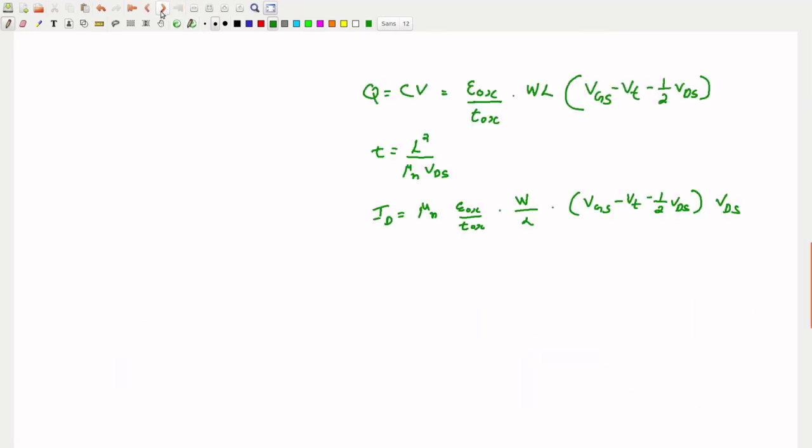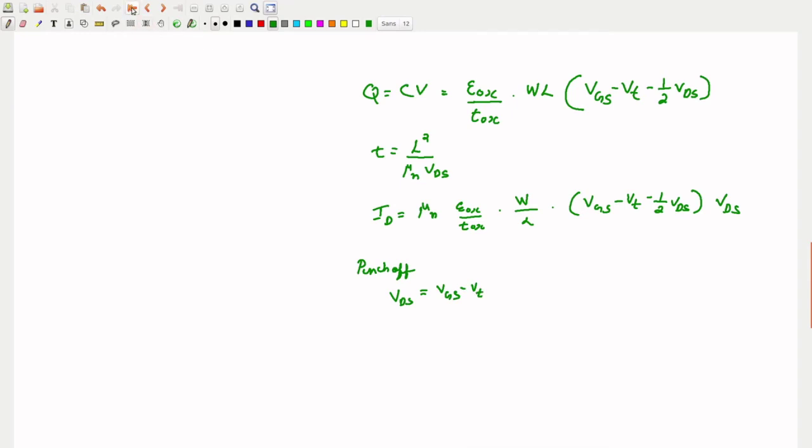Now at pinch off. Pinch off means VDS is equal to VGS minus VT.